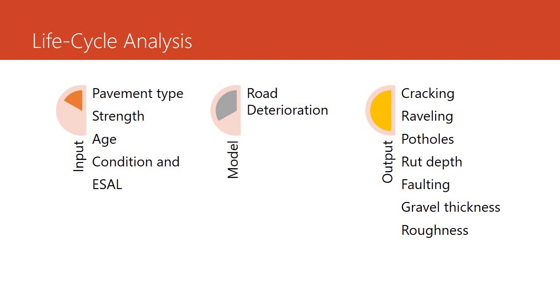The outputs of this model provide a detailed picture of pavement distress. These include cracking, indicating surface or structural failures; raveling, where the pavement material breaks away from the surface; potholes, as a result of progressive cracking and material loss; rut depth, caused by repeated wheel loads; faulting, typically seen in rigid pavements at joints; gravel thickness, which diminishes over time on unsealed roads; and roughness, a key indicator of ride quality and user comfort.